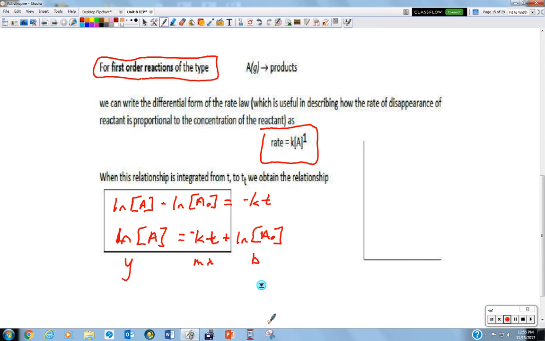So our x is still going to be t, but what is going to be our y on this one? Anyone? Our y is ln A.